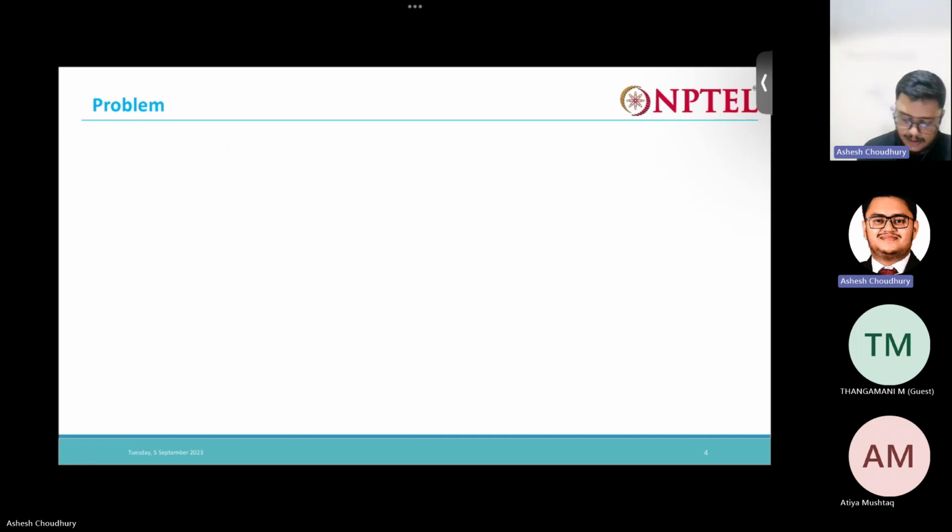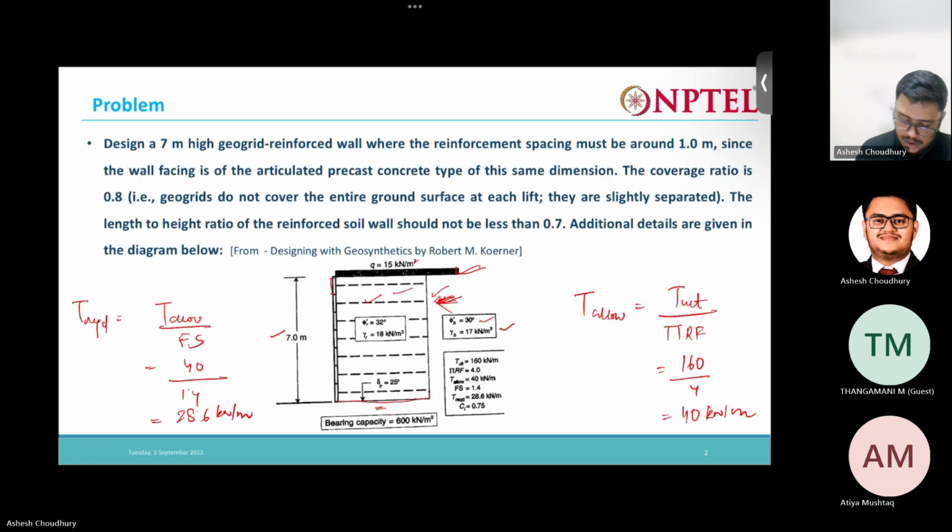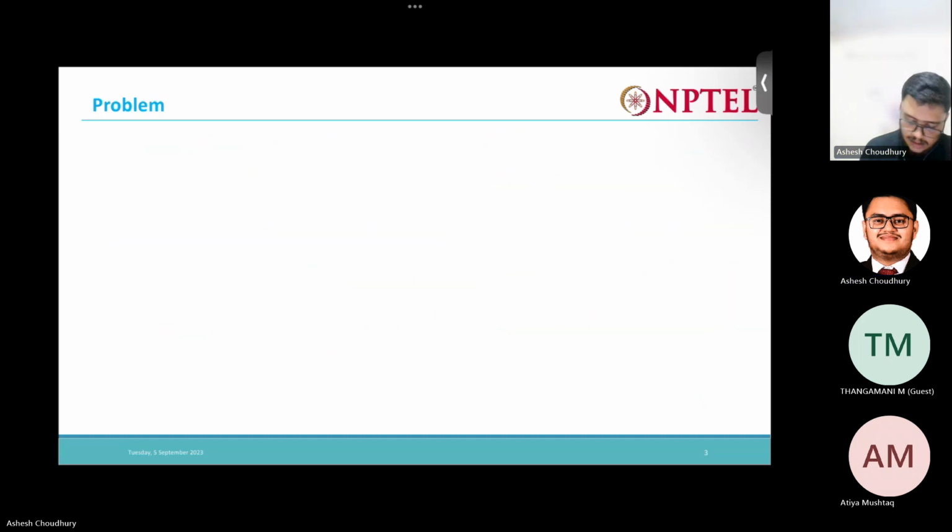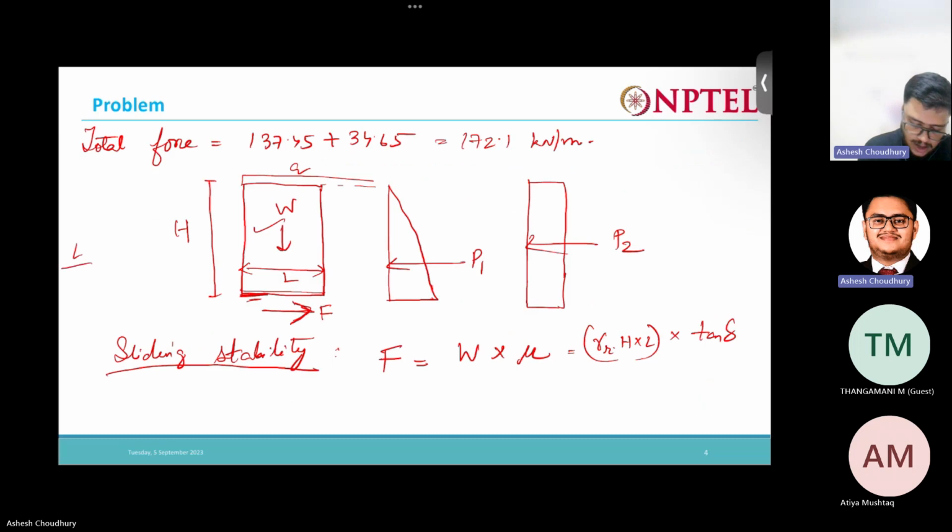Now, what is this L? In the question, it is given that the length to height ratio of the reinforced soil wall should not be less than 0.7. So let us take it as 0.7. So length is 0.7 into 7, which comes out as 4 meters.